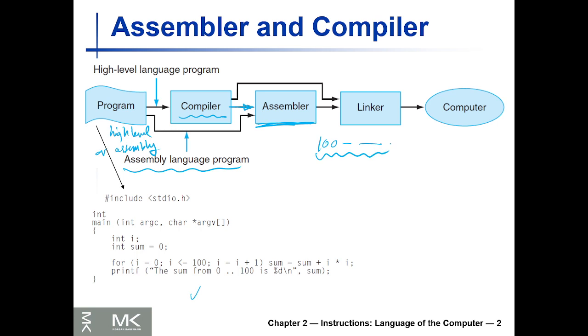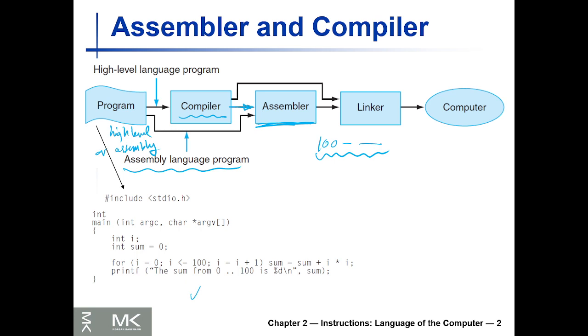Or some compilers do a direct conversion from a high level language like C into zeros and ones directly, although the compilation process will be slower. So you have some compilers that do this, and you have some other compilers that do the assembly first.